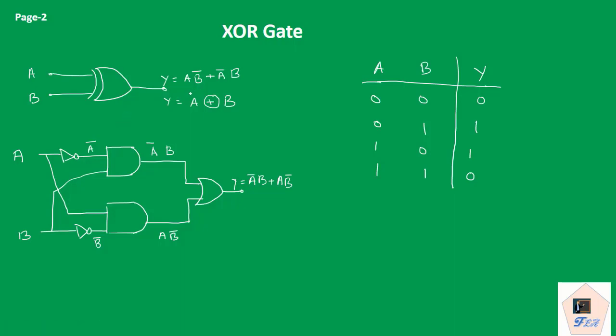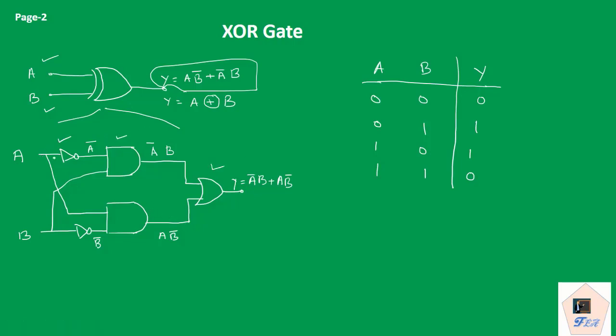So what is the XOR operation? For two inputs A and B, the output is of the form A B bar plus A bar B. This is the typical form of the output. If we elaborate this XOR gate, we find that we have NOT gates, AND gates, and an OR gate.